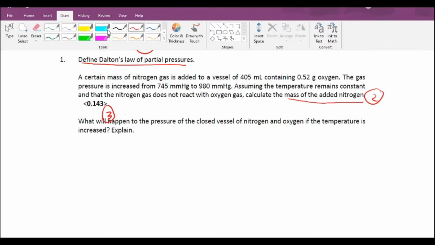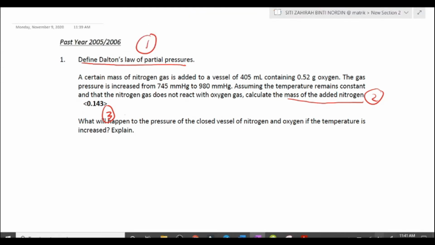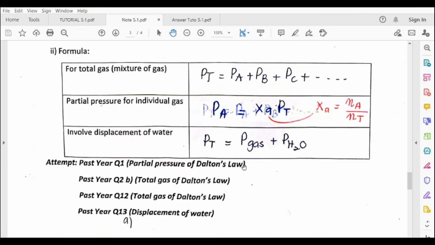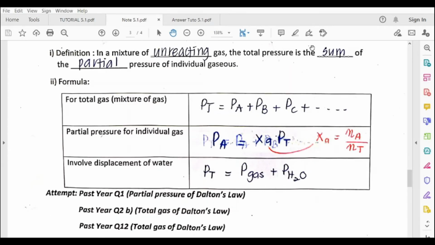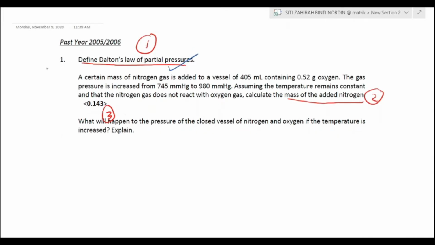So the first question, the Dalton's law definition, you just take it out from your notes. The definition is, in a mixture of unreacting gas, the total pressure is the sum of the partial pressure of individual gases. So we've done that already. Next, the question involving 2 gases.